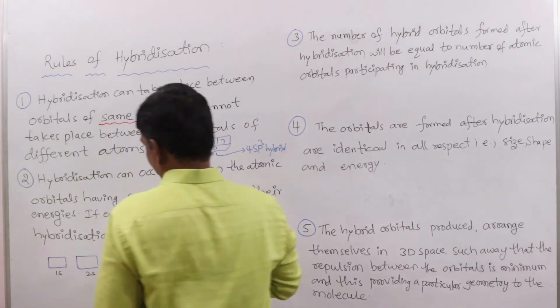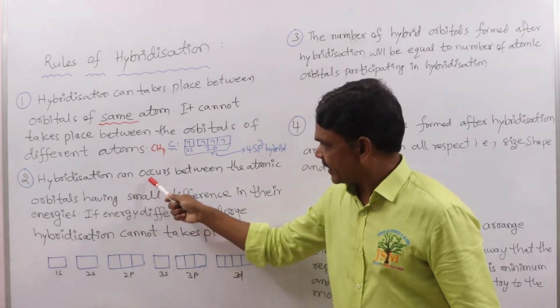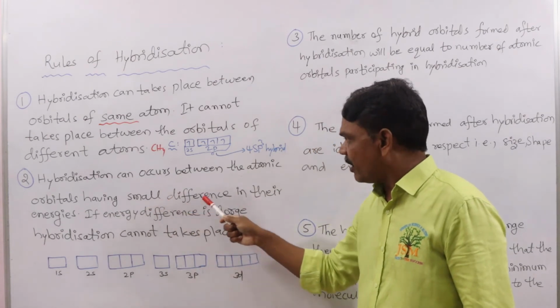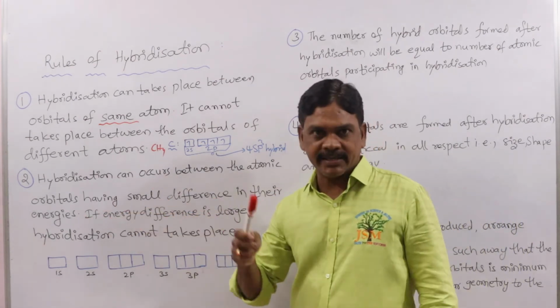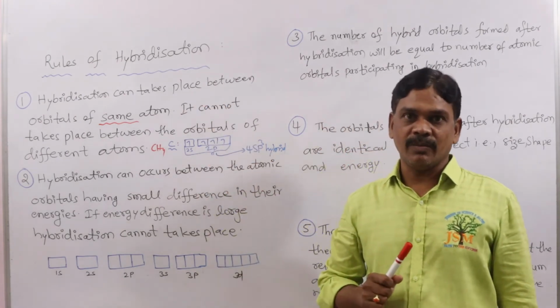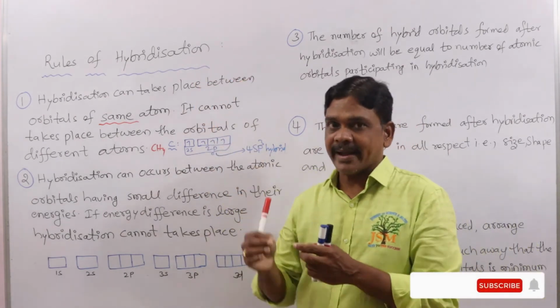And the second point: hybridization can occur between the atomic orbitals having small difference in their energies. I have explained this in the definition also. What is the definition of hybridization?